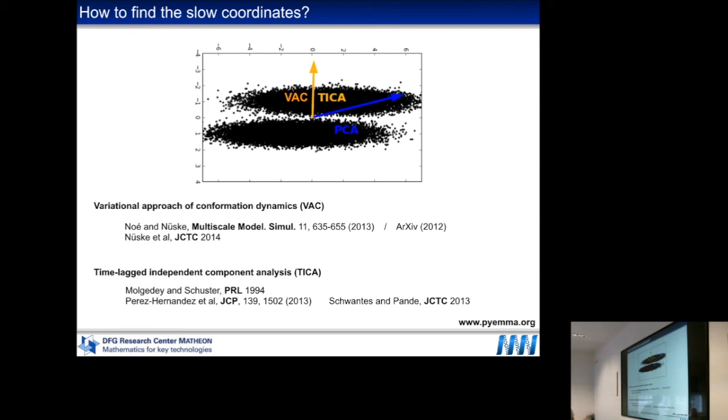Of course this is a made-up example. PCA is not always that bad. But in a high-dimensional system, like a protein, you often have many things that are just fluctuating with large amplitudes, but they're really not interesting at all. Like, for example, a tail or loops or something like this.